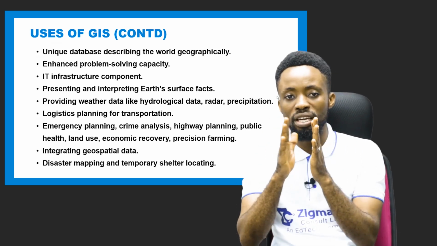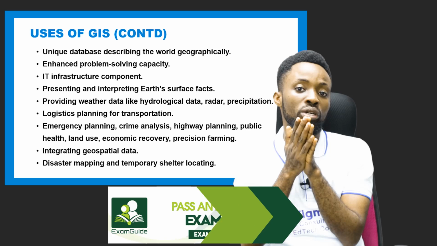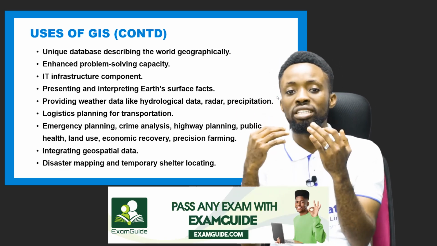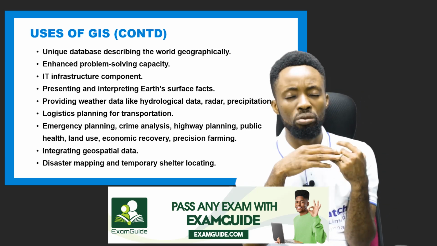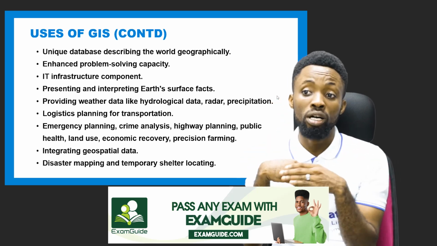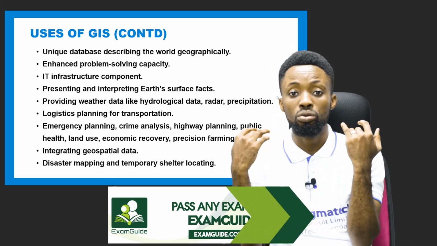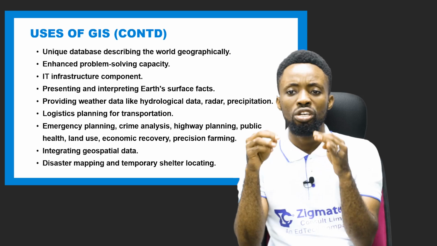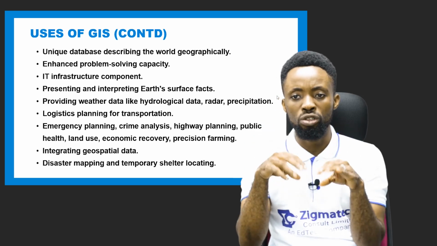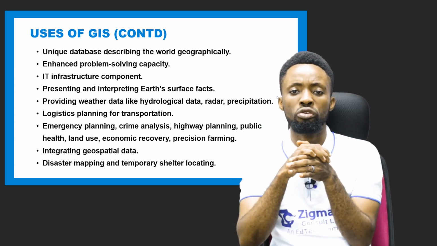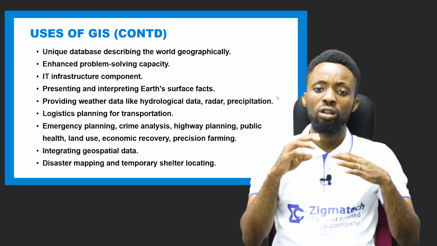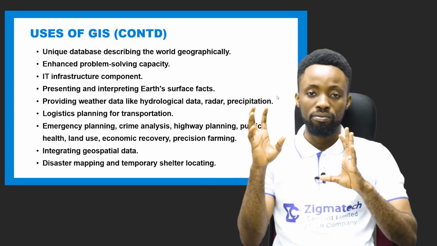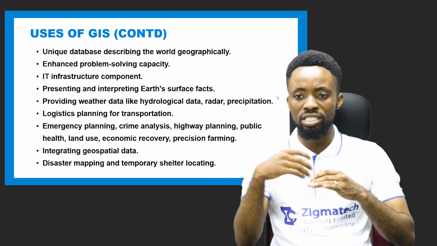And GIS helps people in the weather sector, the meteorological sector, to get hydrological data, data about rainfall, data about precipitation and the rest, and data about physical phenomena on the earth's surface. It's made possible by GIS. And in transportation and logistics, they actually use GIS to plan and to carry out their various activities.